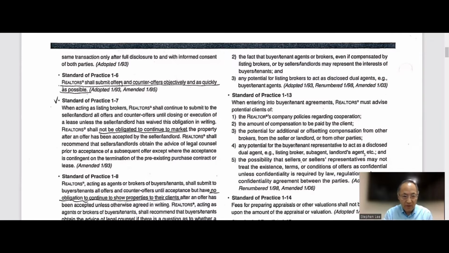In other words, if the offer is too low, you say the owner rejected the offer without even telling the owner. Okay, that's wrong. That's a violation of the Code of Ethics. So objectively, realtors submit all offers to the seller as quickly as possible.